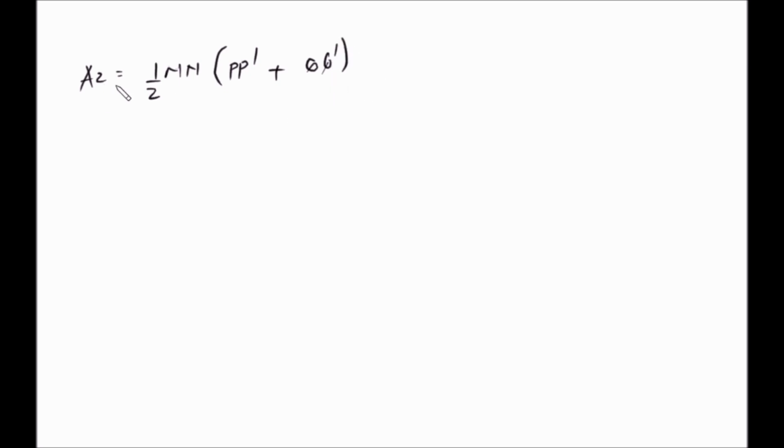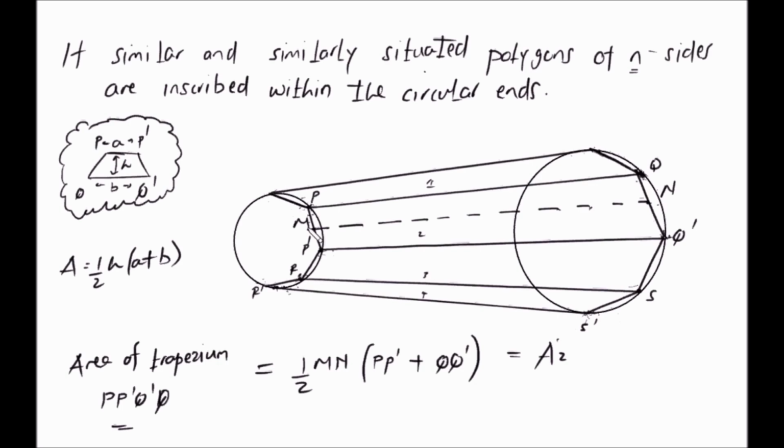Hii ni A2, area of the second trapezium. Area of the fourth trapezium hii hapa chini R dash S.